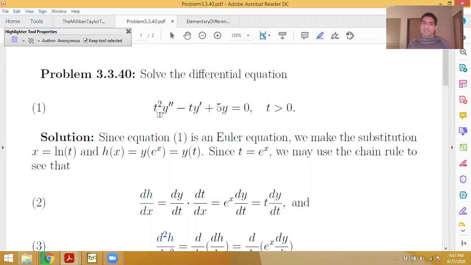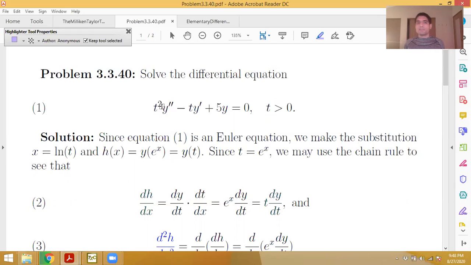Now, this is a second order linear differential equation, which is nice because we like linear differential equations. And this is actually an even more special type of equation called an Euler equation. It's similar to a constant coefficient differential equation, but this time instead of constant coefficients, our coefficients are polynomials.